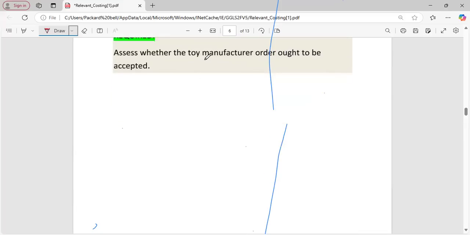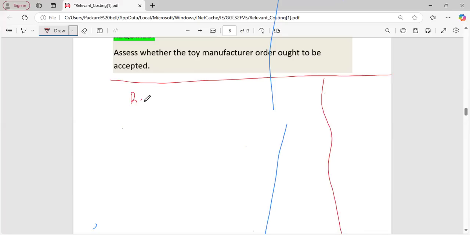So we need to assess whether the toy manufacturer order ought to be accepted. So it means we are going to look at relevant cost and income.